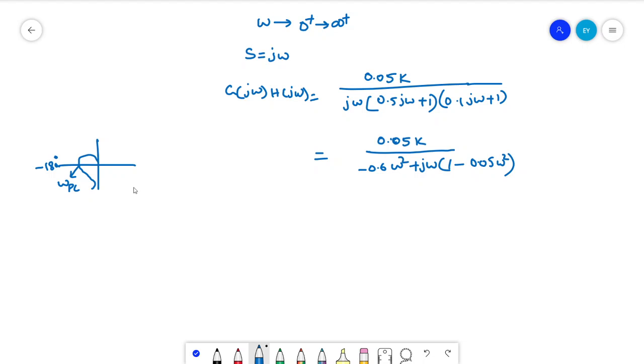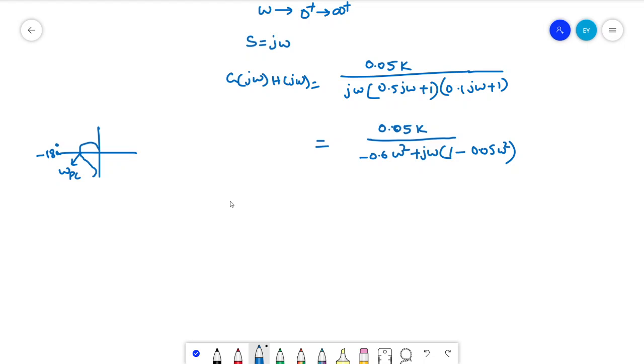Sorry. So here what we will do is we'll consider omega equal to the phase crossover frequency, and I mentioned that if it is intersecting the real axis, what we need to do is equate the imaginary part to 0. I'll explain why we are taking this point.